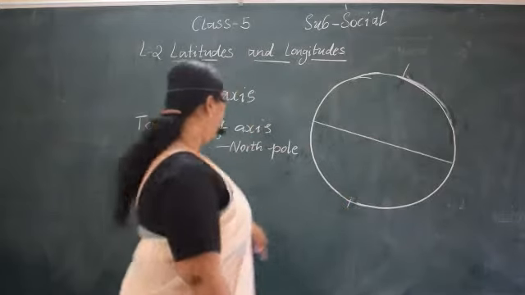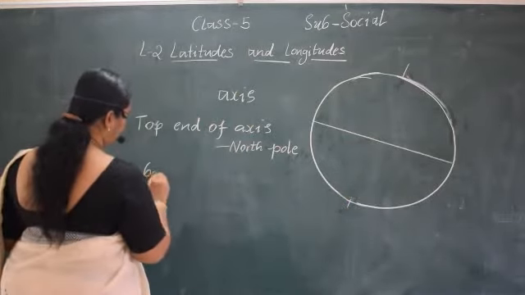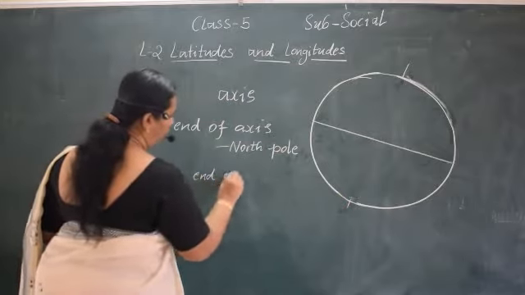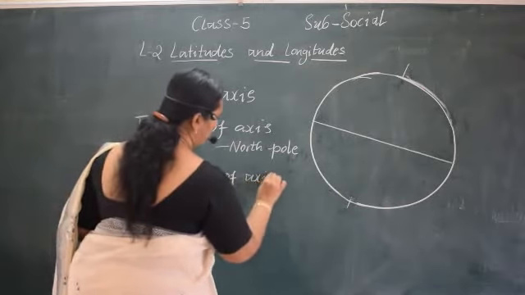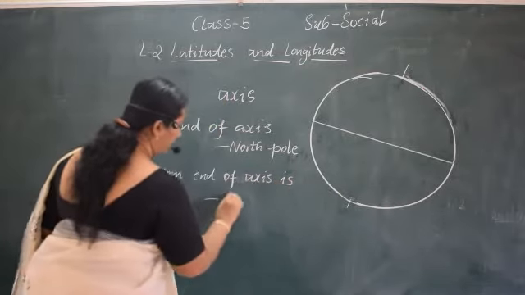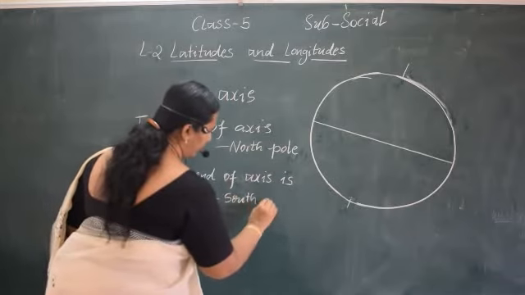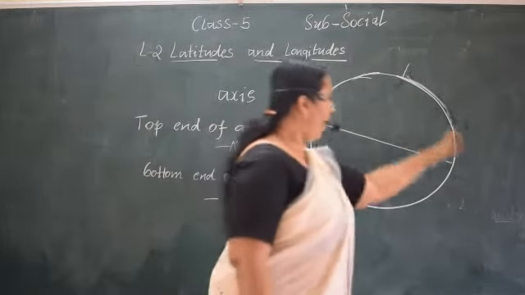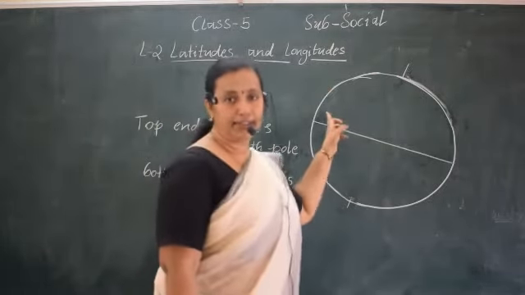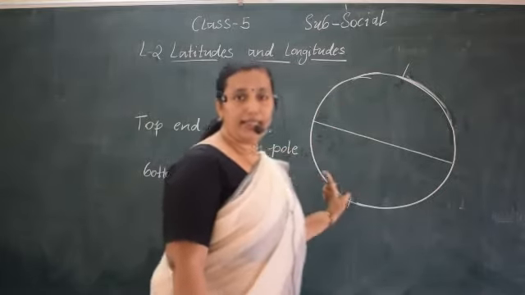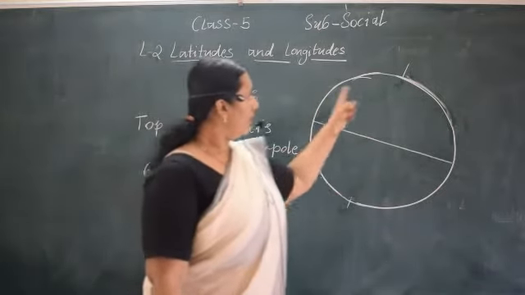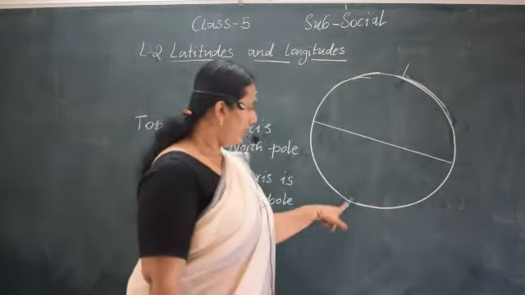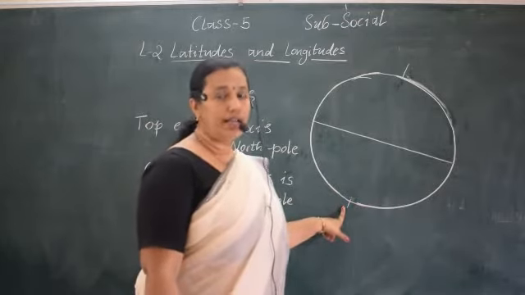The bottom end of axis is called South Pole. Okay, children, hope you understand that. So this imaginary line of the earth is called axis. The topmost end of axis is called North Pole, and the bottom end of the axis is called South Pole.